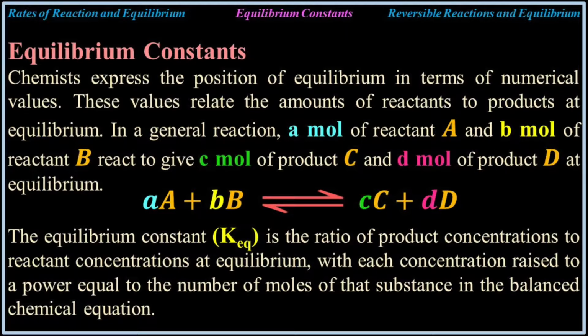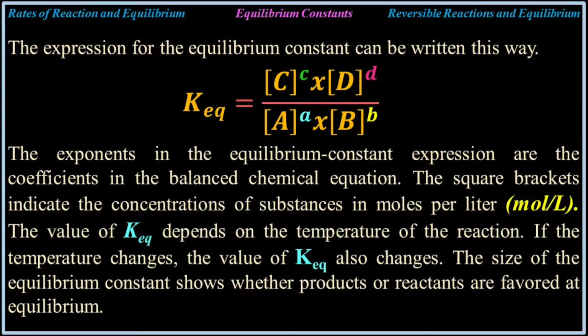The equilibrium constant, Keq, is the ratio of product concentrations to the reactant concentrations at equilibrium, with each concentration raised to a power equal to the number of moles of that substance in the balanced chemical equation. The expression for the equilibrium constant can be written this way.